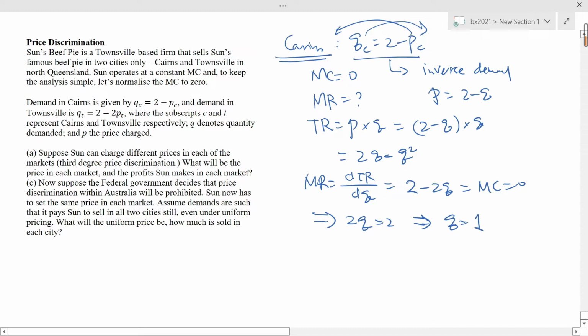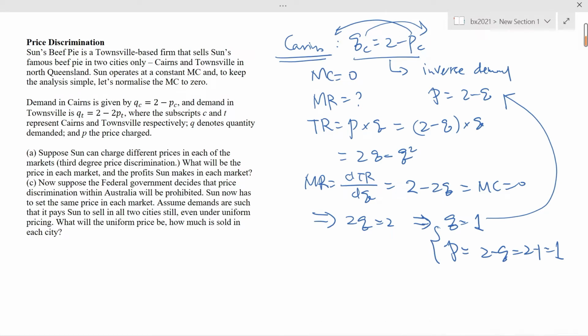Plugging Q equals 1 into the inverse demand function, we get the price: 2 minus Q is 2 minus 1, equal to 1. So that's the price and quantity in the Cairns market.